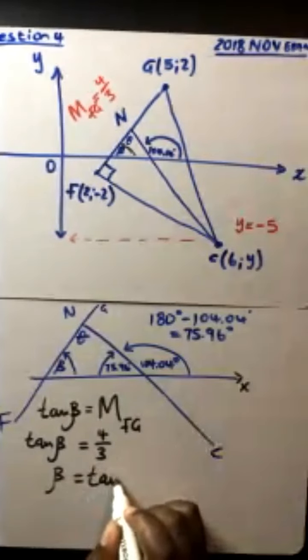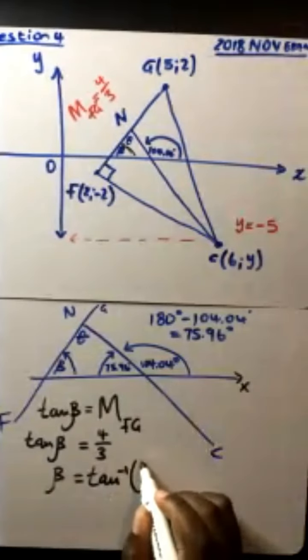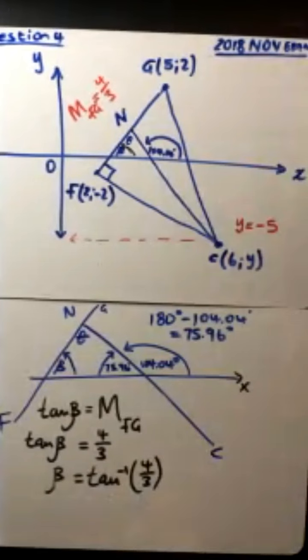So second function of tan, in brackets, you've got 4/3. So what are we getting when we punch that? Remember, guys, at all times, make sure that your calculator is in degrees.